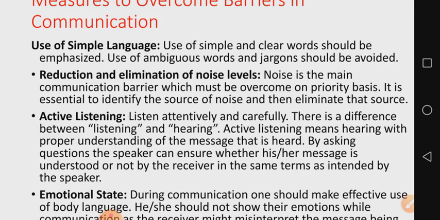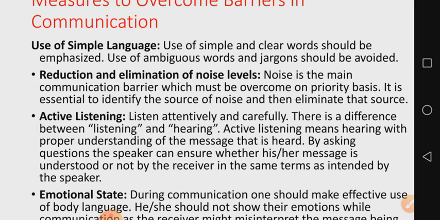The first is, when somebody speaks to you, face the speaker. If you are talking to someone else and you are looking away, or if somebody is talking to you and you are looking away, then it will not establish good communication.